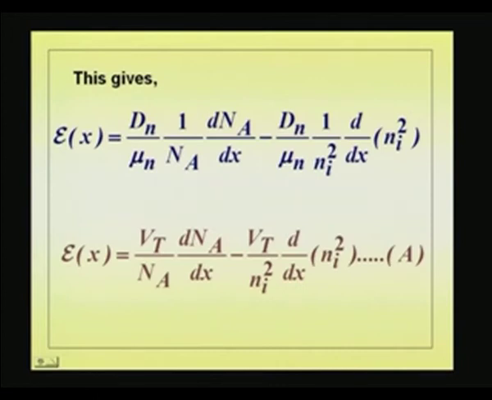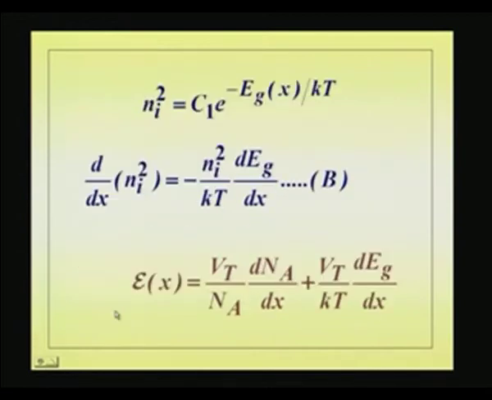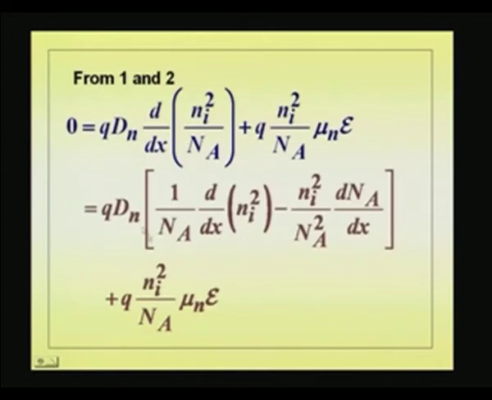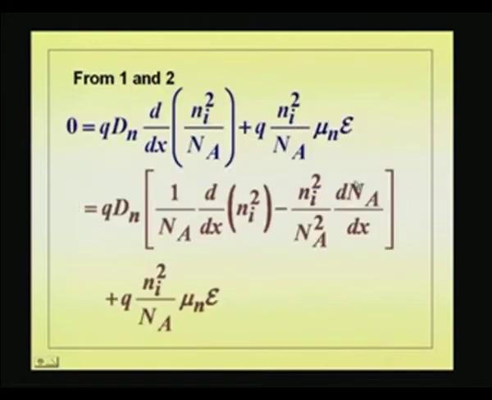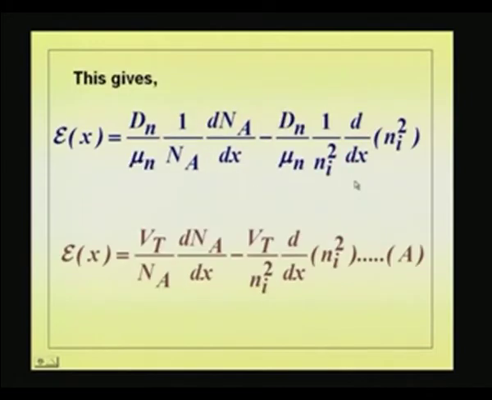Just rearranging the things, what you get is actually electric field is equal to dn by mu n. You just see it here. When you divide the whole thing, dn by mu n is there for both the terms, and in this term Na squared cancels and you get 1 by Na, and since it goes to the other side, plus, you get dn by mu n 1 by Na dNa by dx. Similarly, the second term becomes dn by mu n 1 by Na squared d by dx Ni squared. You can just see it for yourself by just rearranging those. Okay, this is what you get.